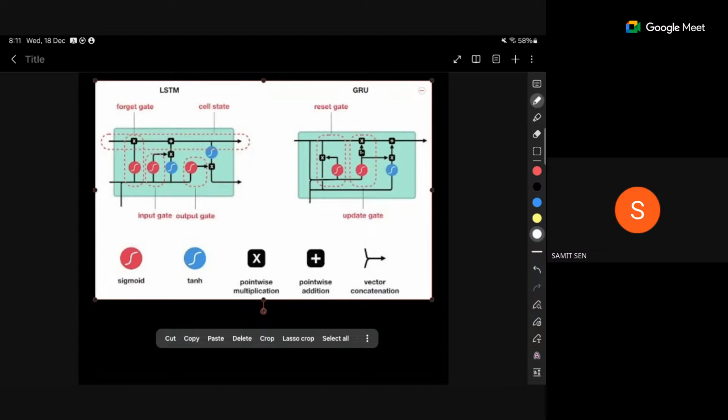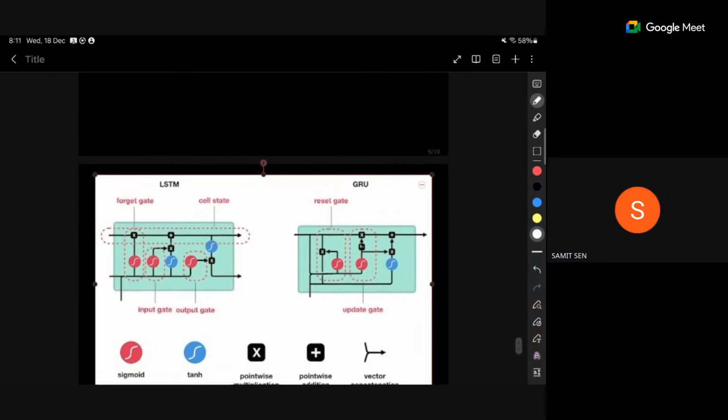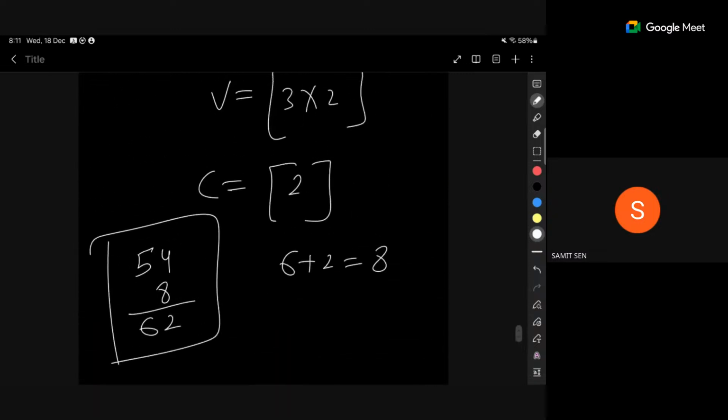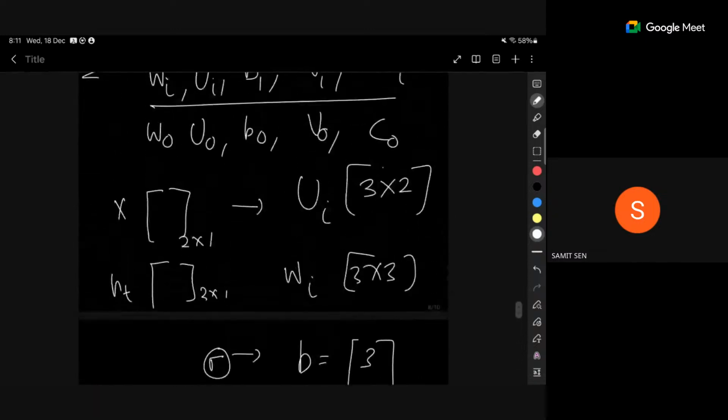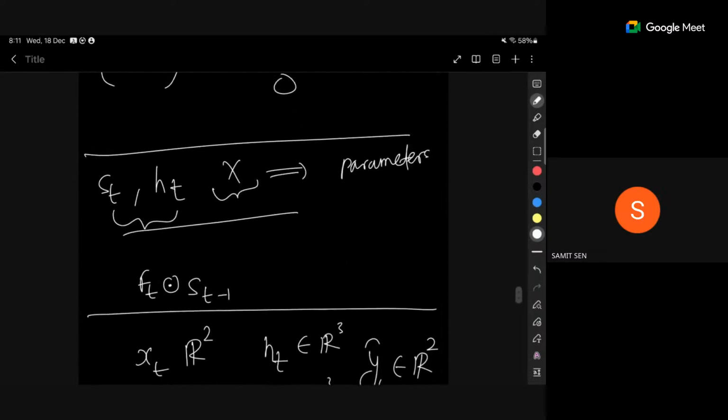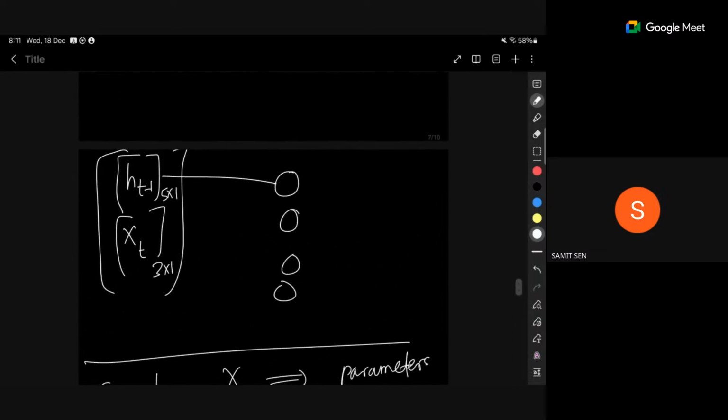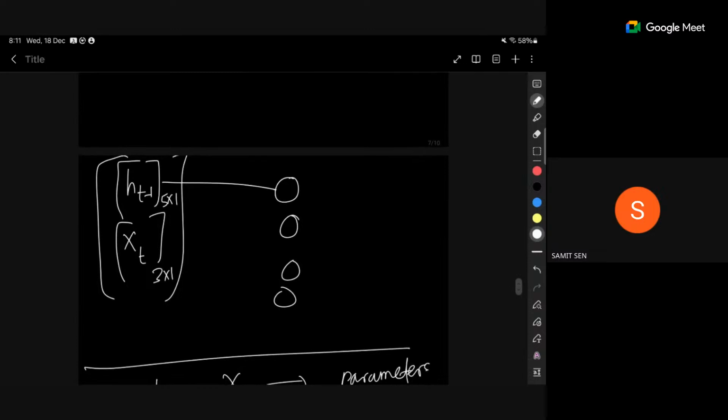The bias term depends upon W. The dimension of that vector will be similar to W, so whatever W has. But it comes from HT, right?